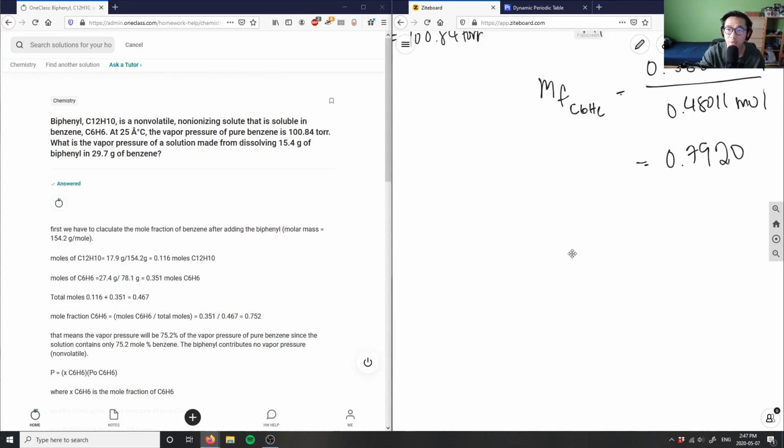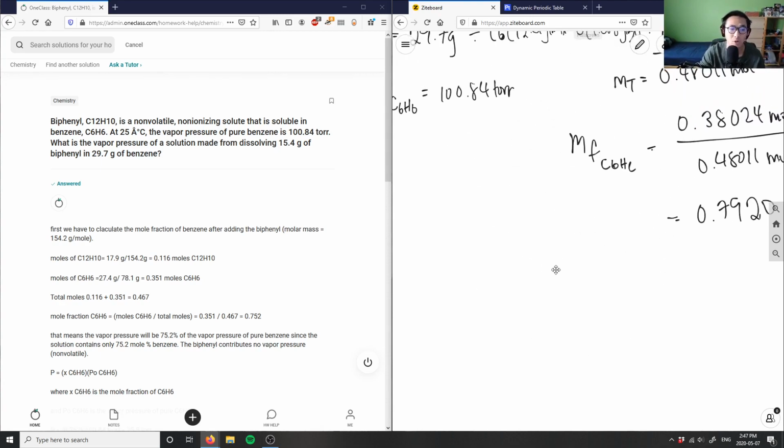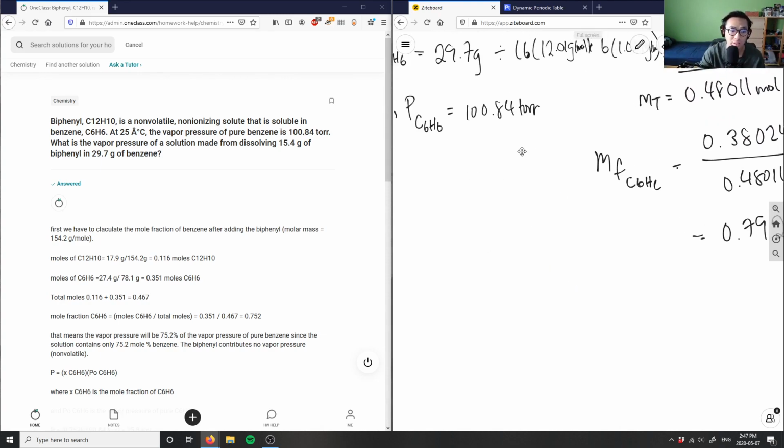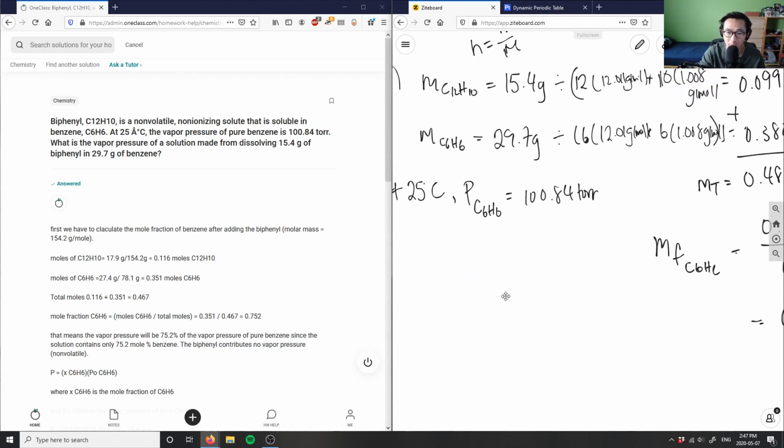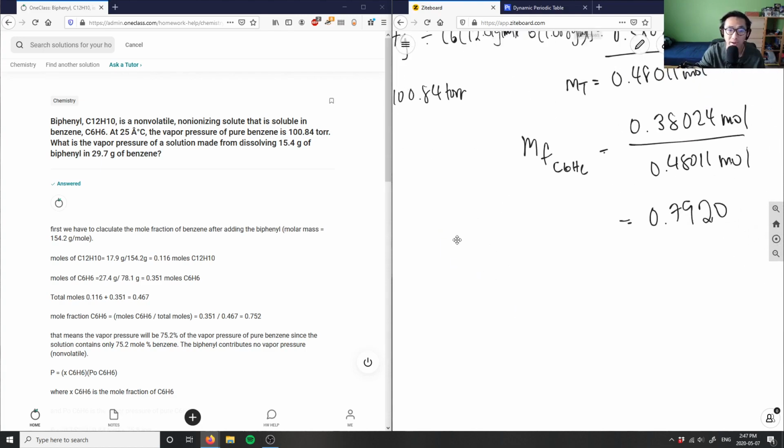So once we have our mole fraction, what we can solve for is our partial pressure, right? Because we know our pressure at 25 degrees is 100.84 torr. I can simply find the partial pressure now.